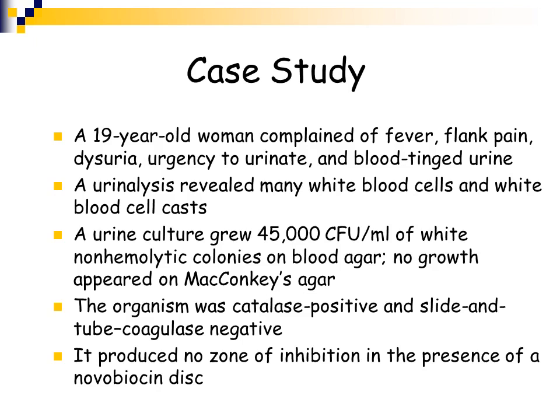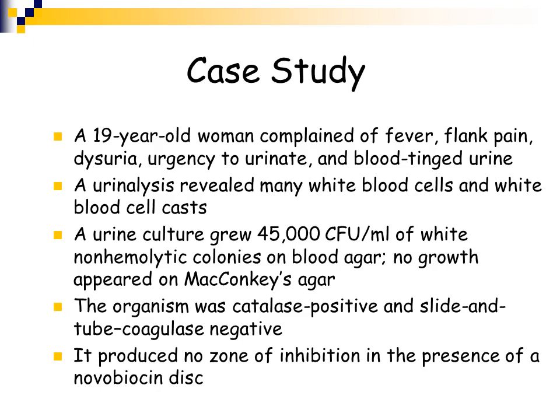So MacConkey agar is a very specific agar that is selective for gram-negative organisms. So gram-positive organisms won't grow on MacConkey agar. So if you have an organism that grows on blood but does not grow on MacConkey, that would indicate it's likely a gram-positive organism.